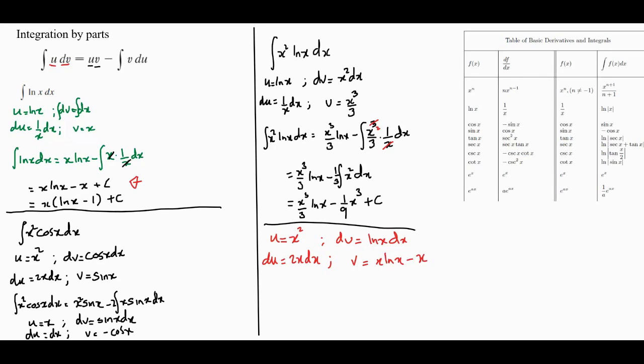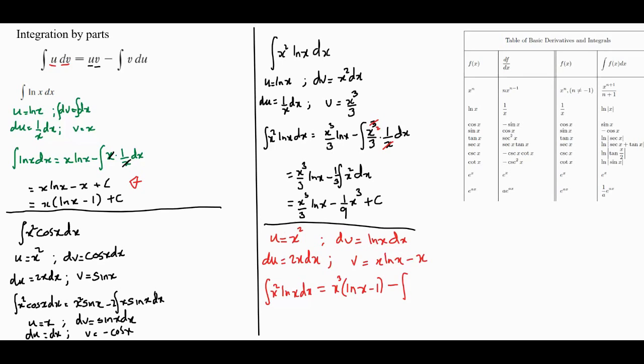Okay, so now if I put them together, that means I'll have the integral of x squared ln x dx is equal to uv, so that's going to be x cubed into ln x minus 1, minus the integral of v du.